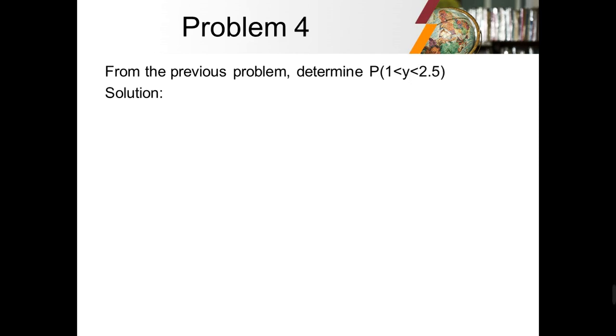Okay? So, ang solution natin dyan, so the probability that y is greater than 1 but less than 2.5 would be equal to the double integral of 4 over 81xy. Again, this is the previous problem, given the previous problem, dy dx. So, ano ngayon ang limits natin? So, para sa y, ang limits natin para sa y is 1 to 2.5.